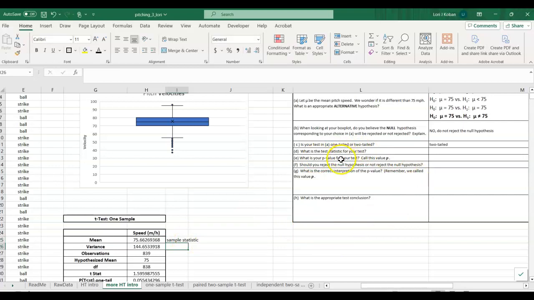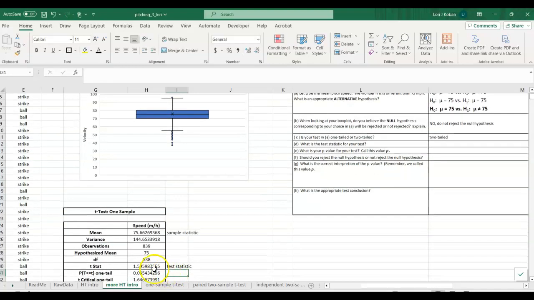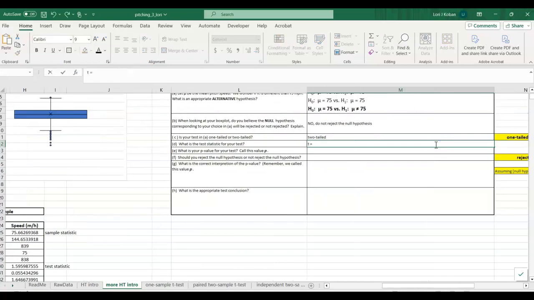And this is the test statistic, saying how many standard deviations we are from the mean. And we said if it's 3, that's a lot. If it's less than 3, it's not as extreme. It's not as unusual. So we're getting a value that's not very unusual. But our test statistic is a t-value. And the t-value is this. I think, again, I'll write it as 1.6.